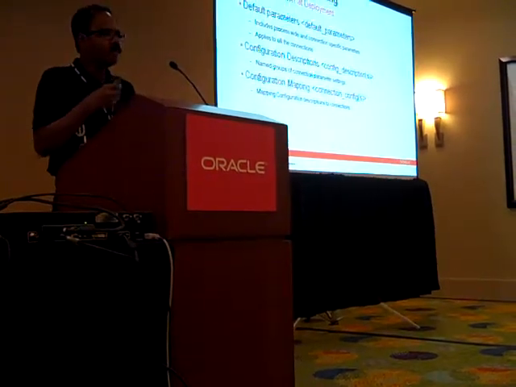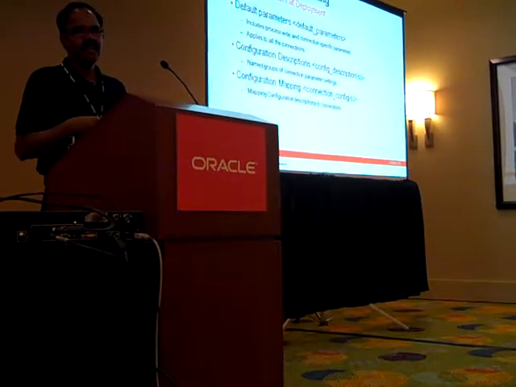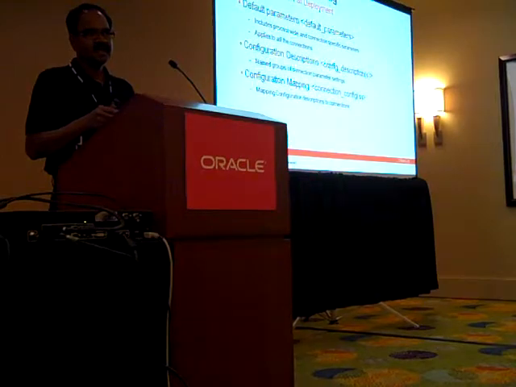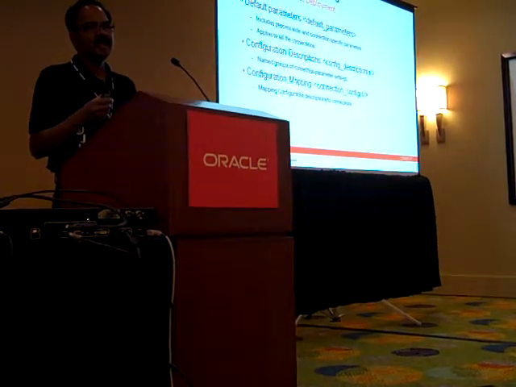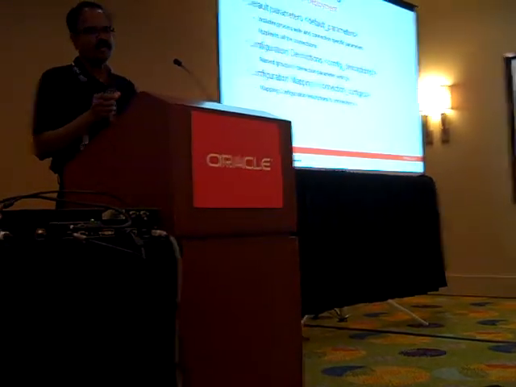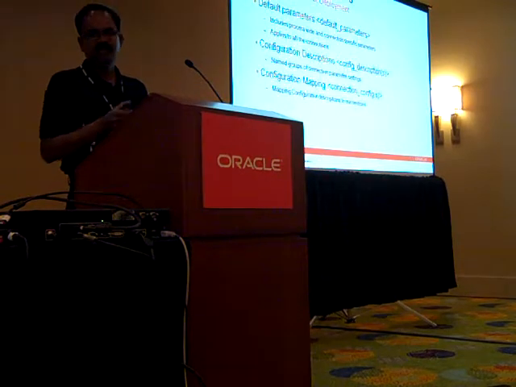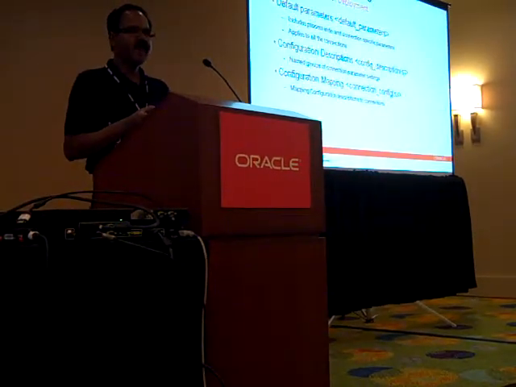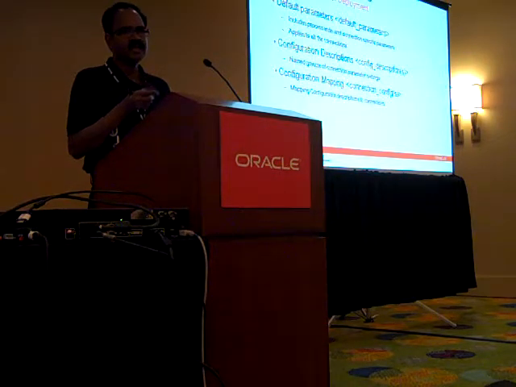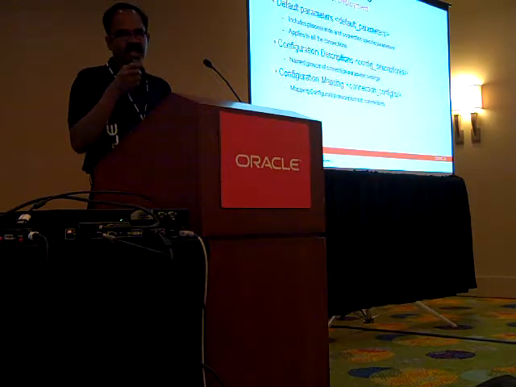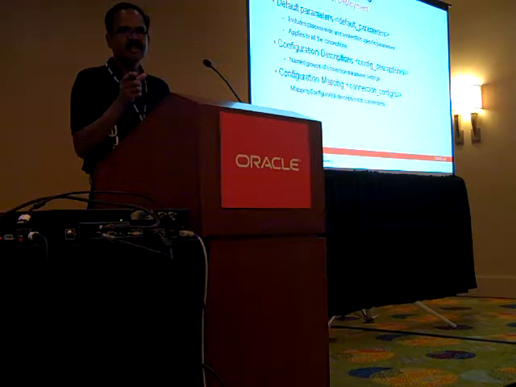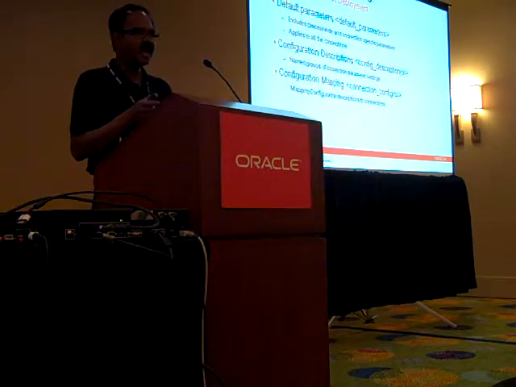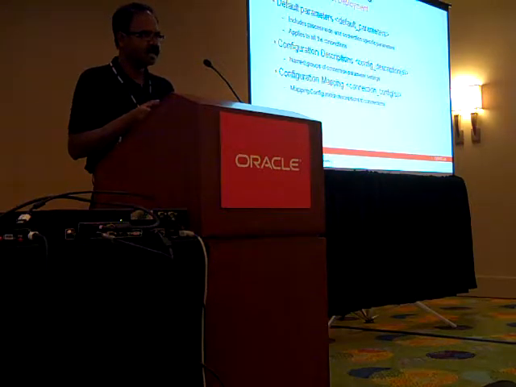If you want to override for specific connections or a group of connections, then you can create a named group of parameter list. That's where the configuration description comes in. And the next section is the configuration mapping, wherein you can associate a connection, either an explicit connect string, an easy connect string, or a TNS alias, with a named group that you can create.